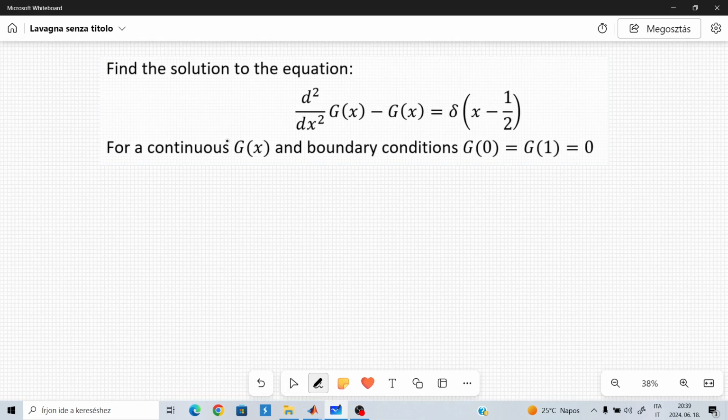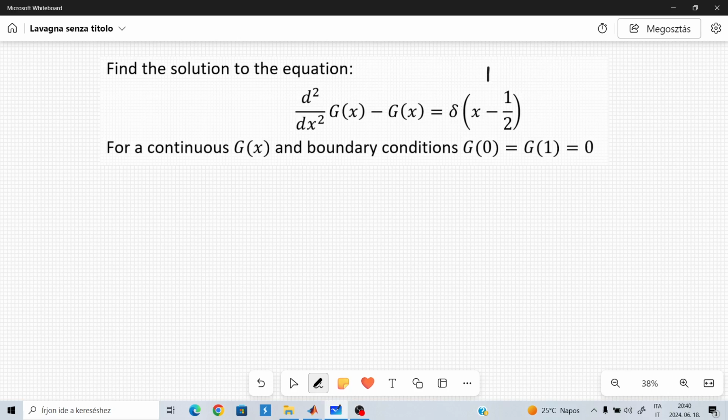Well, first we have to understand the role of this Dirac delta. Once we understand the role of this Dirac delta, everything will be quite easy if you know the theory of ordinary differential equations, because this is actually an ordinary differential equation once you take into consideration the role of the Dirac delta and throw it out of the window, let's say.